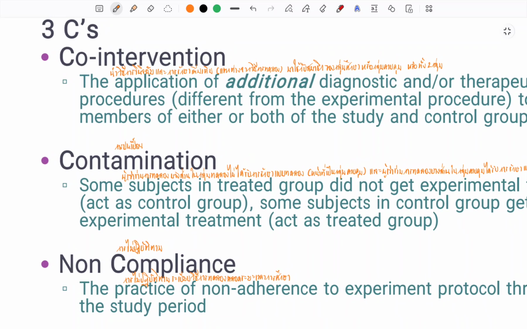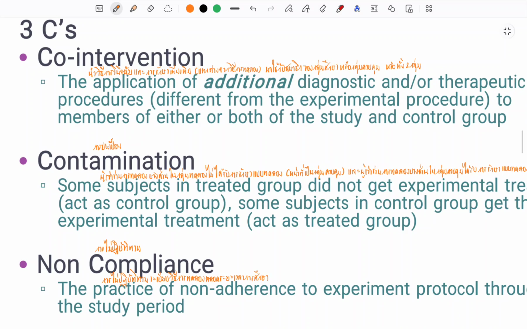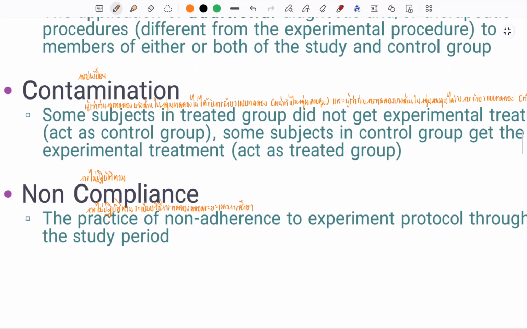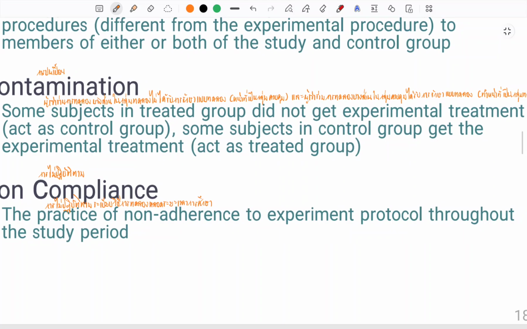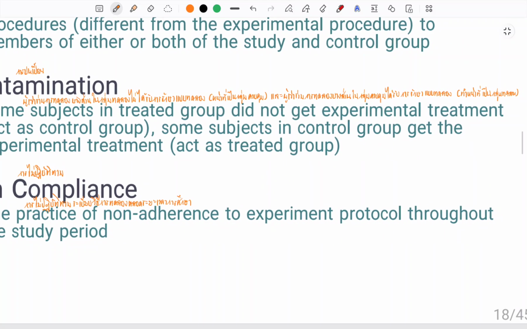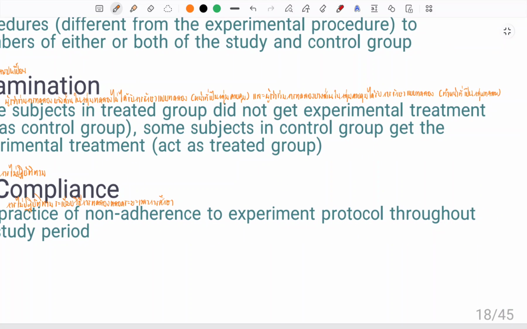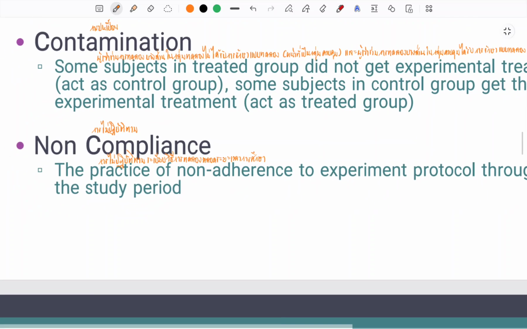For the first C, co-intervention. During the time that you plan to conduct data collection, you have to inform the subjects ahead of time that during the experiment, please try not to receive any other intervention. But after the experimental period, you can do whatever you want.